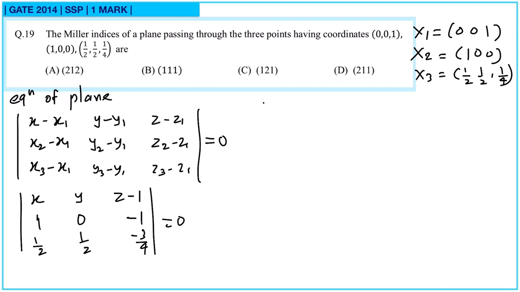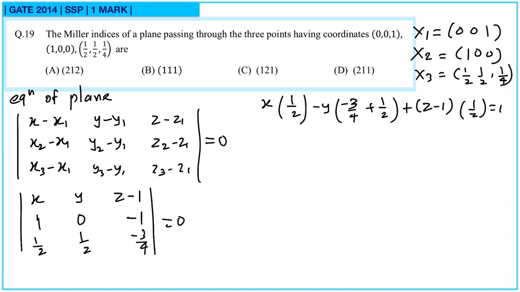So we can solve this determinant. So this will be x into (0 minus minus 1/2), that will be 1/2. Next is minus y, in bracket it will be minus 3/4 plus 1/2, plus (z minus 1) into 1/2 is equal to 0.